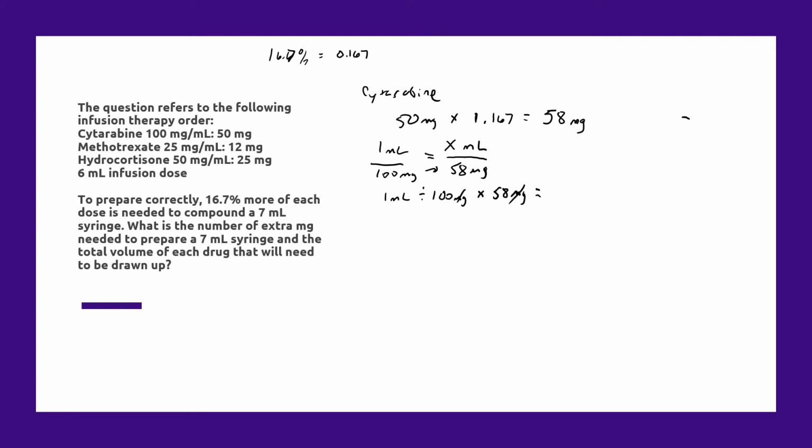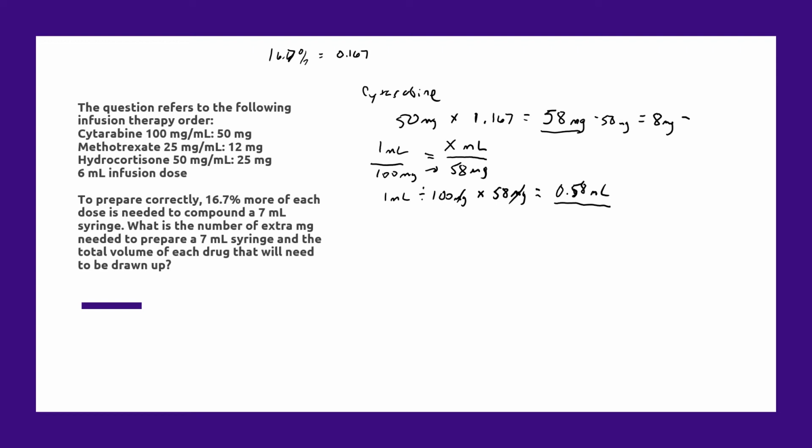So 1 divided by 100 times 58, that's going to be 0.58 milliliters of cytarabine. So that's the total volume, and we had already solved that we needed 58 milligrams. Now technically, if they're asking us how much extra milligrams needed, we just subtract what they gave us initially, 50 milligrams. So we needed 8 extra milligrams.